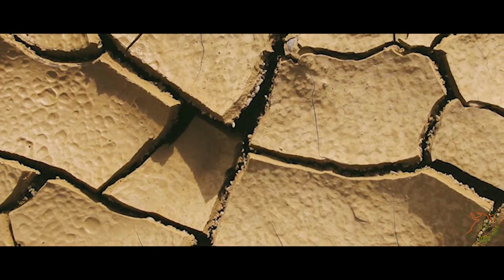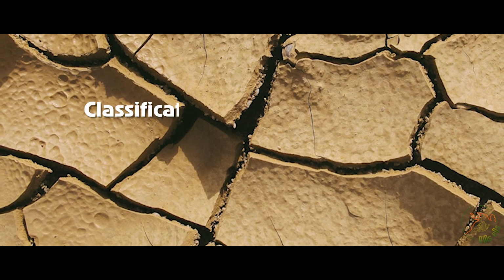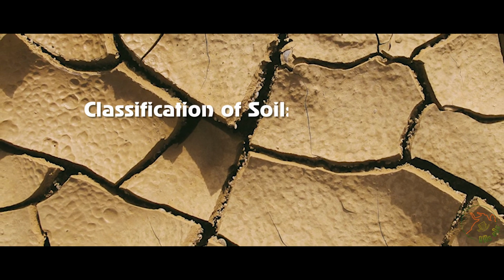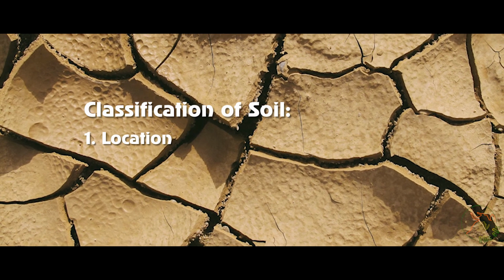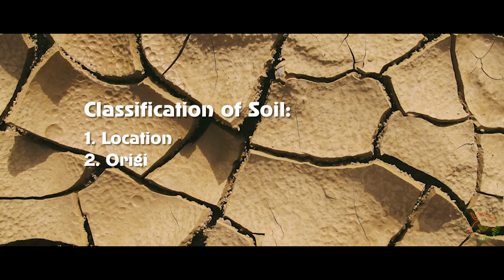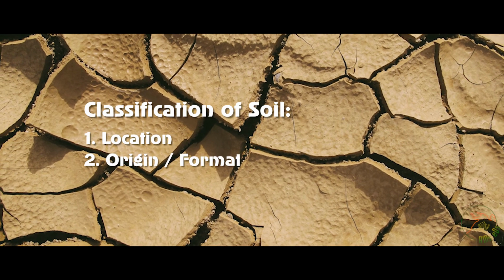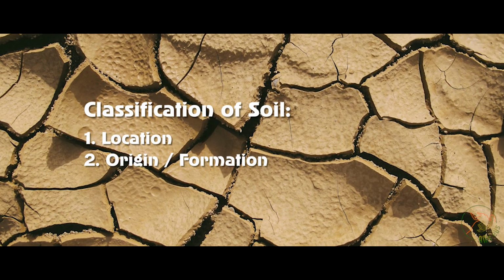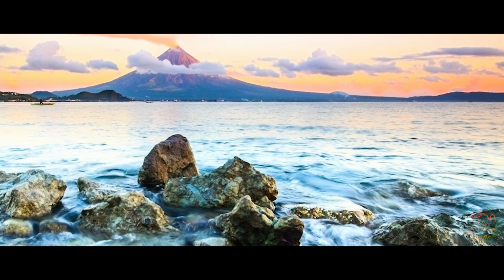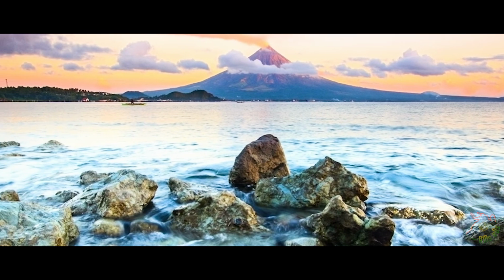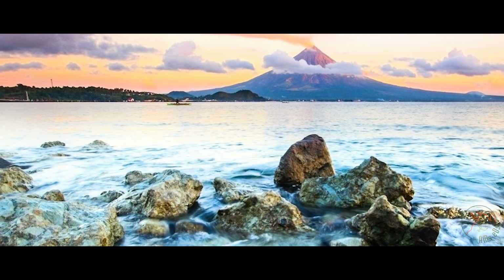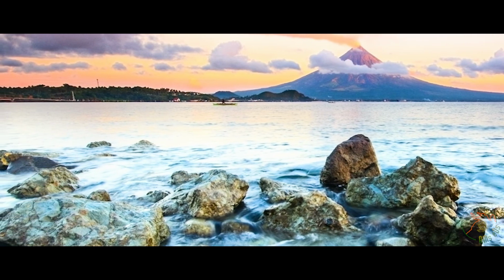To begin with, soils can be classified or categorized according to their location and on the basis of their origin or formation. First, let's find out how soil is categorized based on its location. That means the place where it is found.